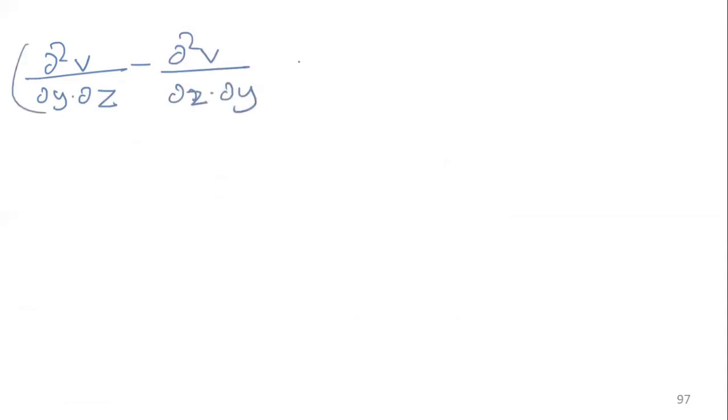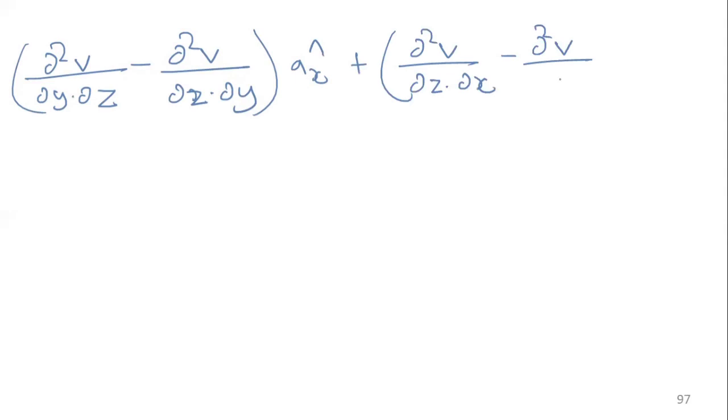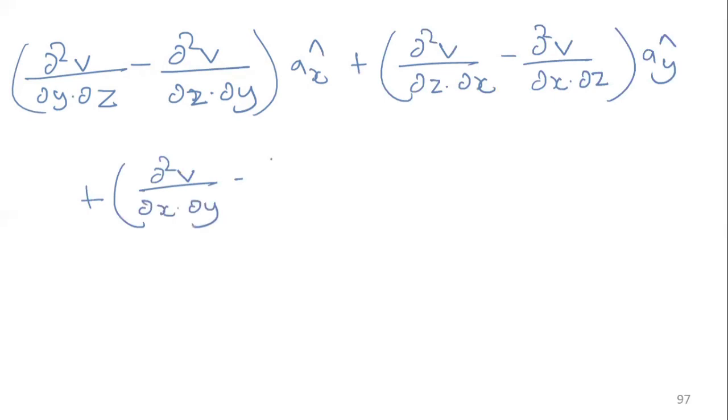Here also the terms cancel in the same way: dou square V by dou y dou z minus dou square V by dou z dou y into ax, plus dou square V by dou z dou x minus dou square V by dou x dou z into ay, plus dou square V by dou x dou y minus dou square V by dou y dou x into az.